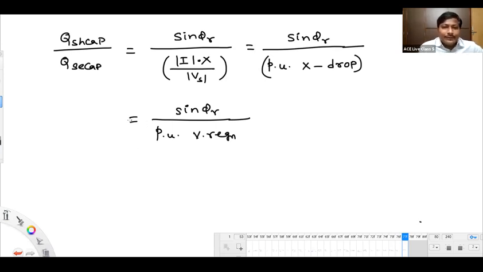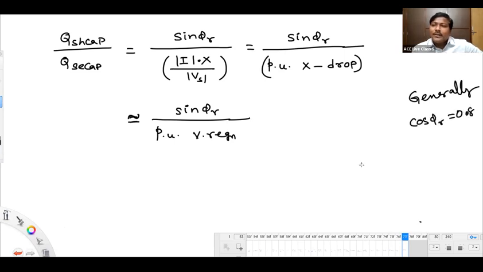Generally, how is the power factor of the system? Power factor cos phi r will be 0.8. Then how is the value of sin phi r to be expected? 0.6. So this number will be almost 0.6.